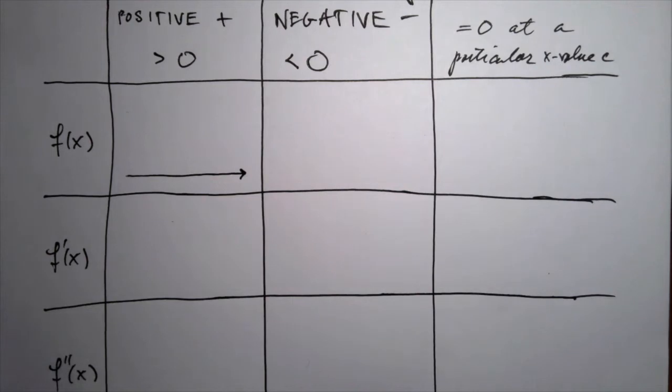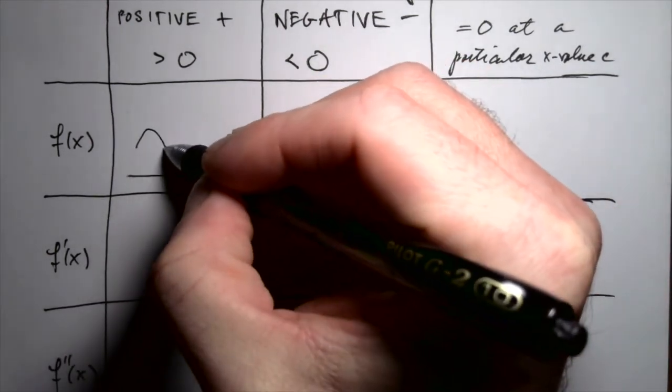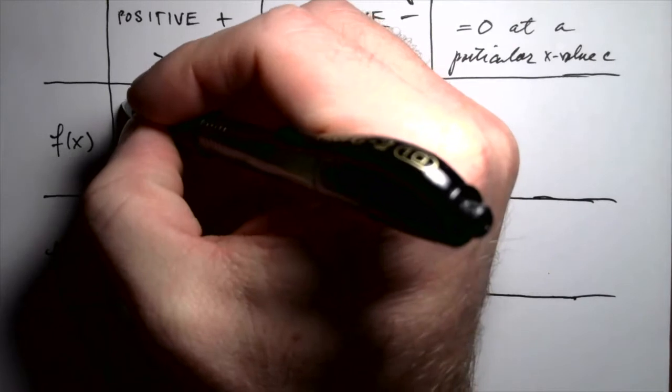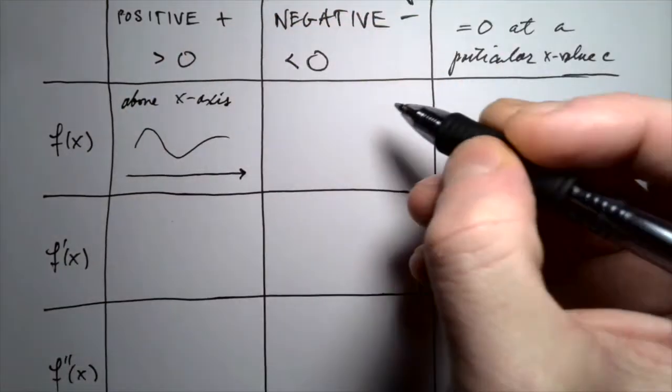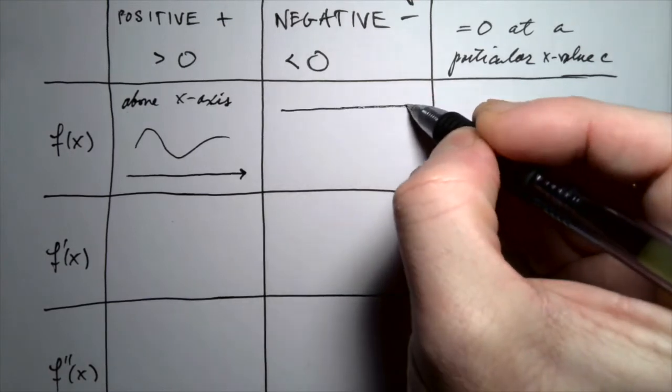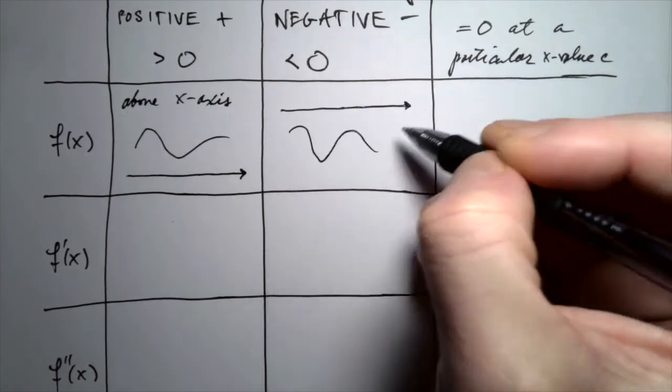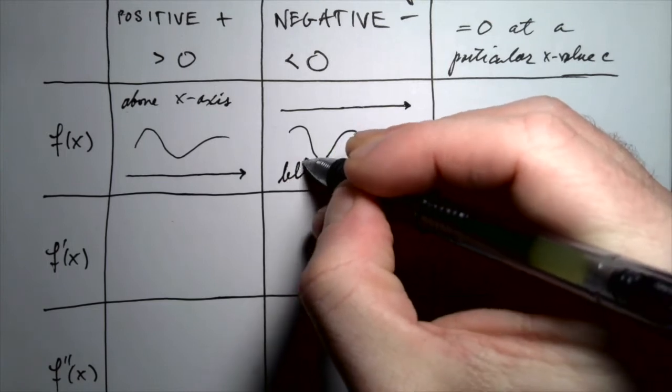So when the function is positive, that simply means that it's above the x-axis. No surprises there. And similarly, when a function is negative, that means that it's below the x-axis.